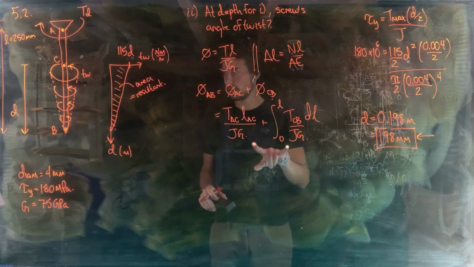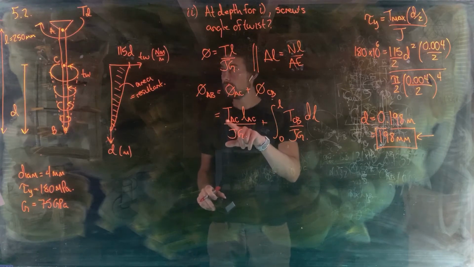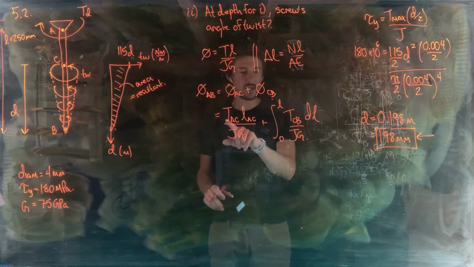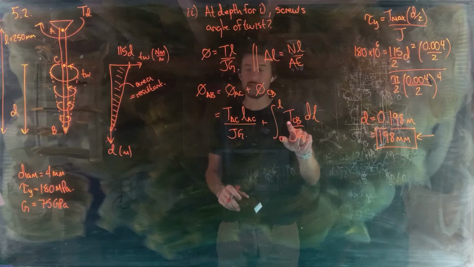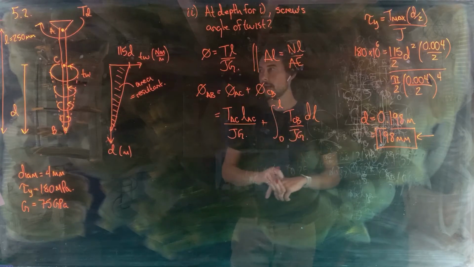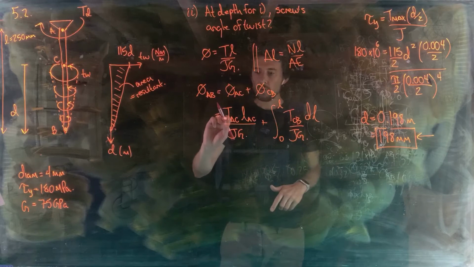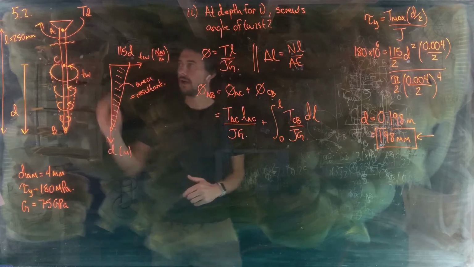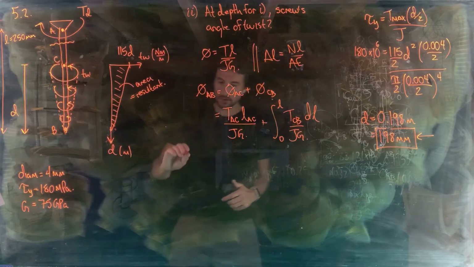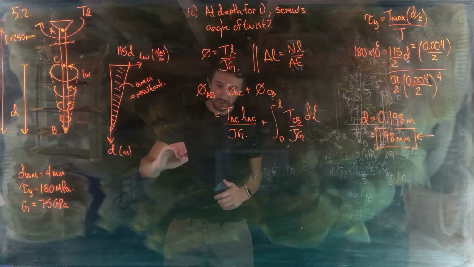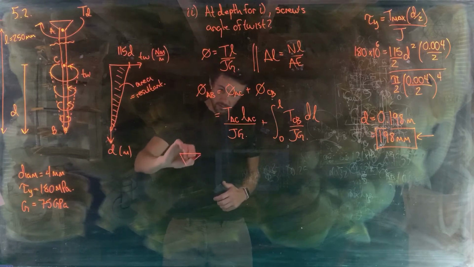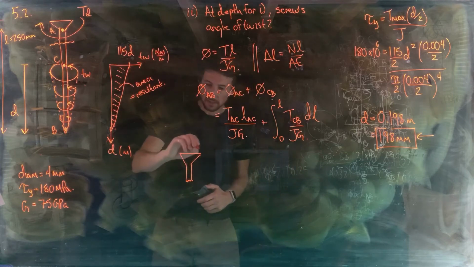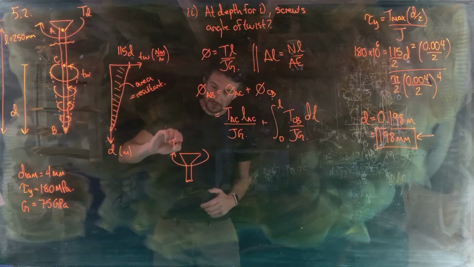This is all looking pretty easy now. The only thing that we need is our internal torques here. We need TAC and we need TCB. So let's go ahead and get those. We'll get our internal torque TAC by taking a section cut again like that. So we can do our section cut like this here, and TD is in this direction.